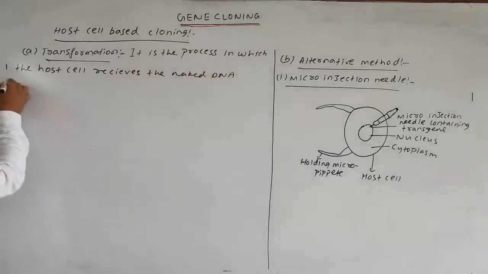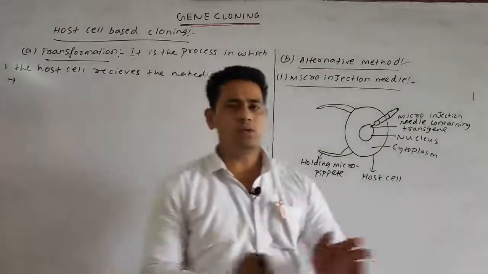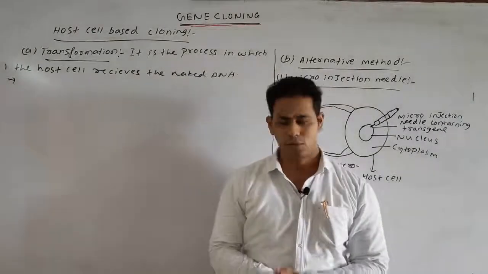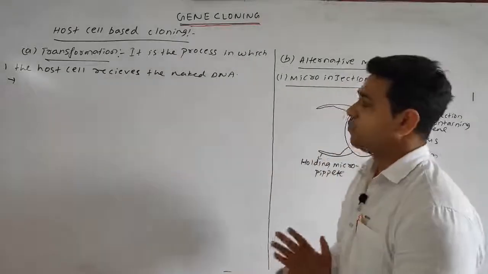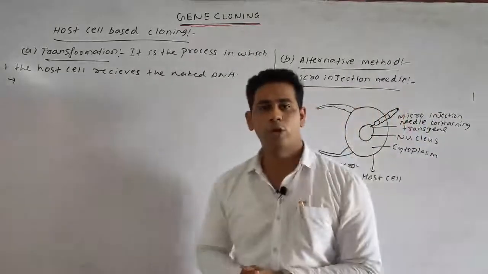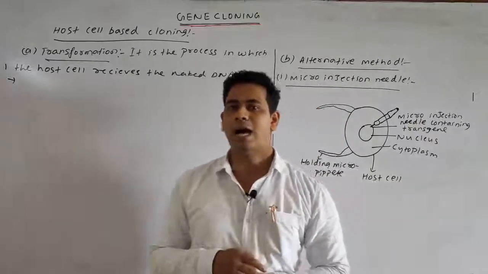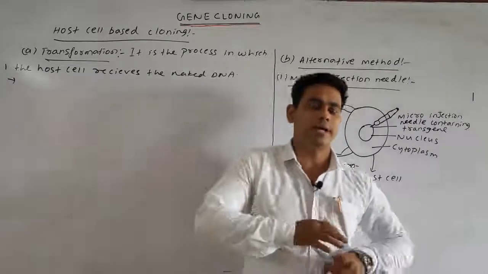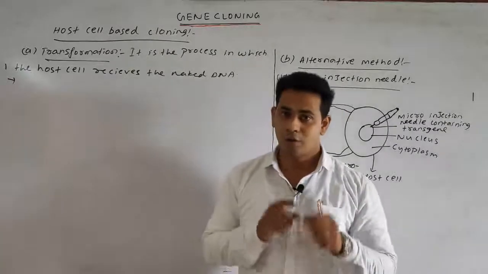Okay, next point. Are all the host cells, such as your E. coli, plant cell or the animal cell, competent for the recombinant DNA technology? No. All the host cells are not naturally competent. We have to make them competent. How will we make them competent?